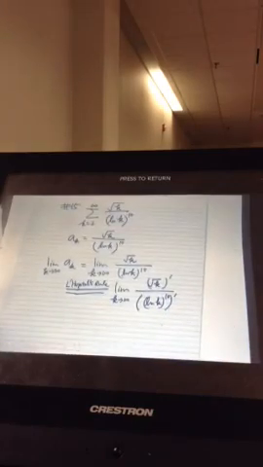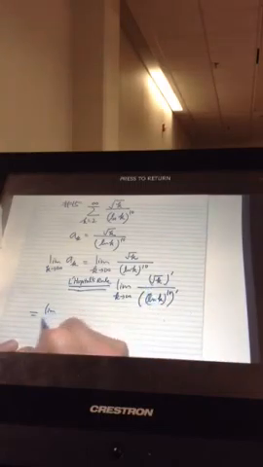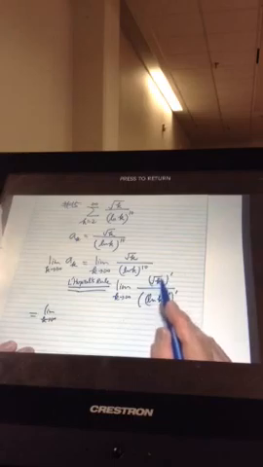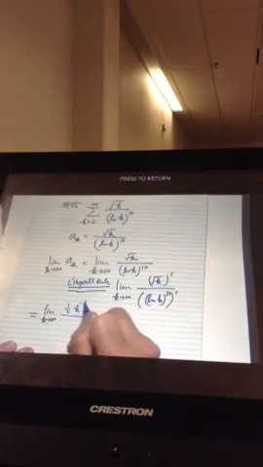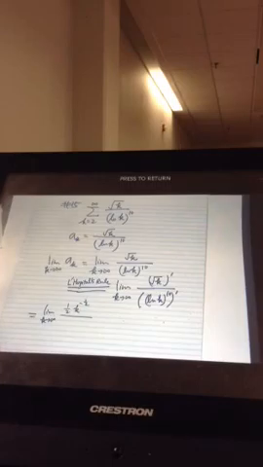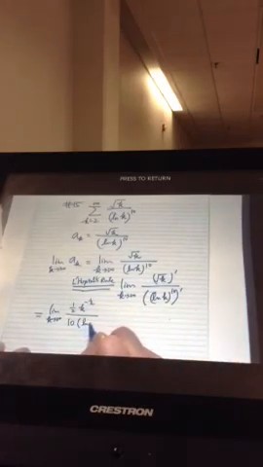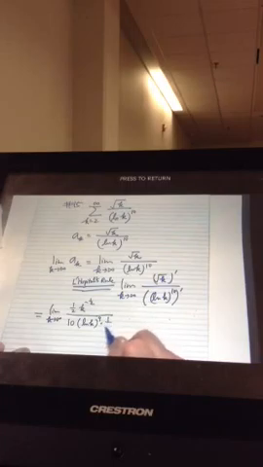Alright, so what is the derivative of this? This is k to the 1/2, so the derivative is 1/2 k to the minus 1/2. How about this one? The derivative is 10 ln k to the 9 times the derivative of ln k, which is 1 over k.